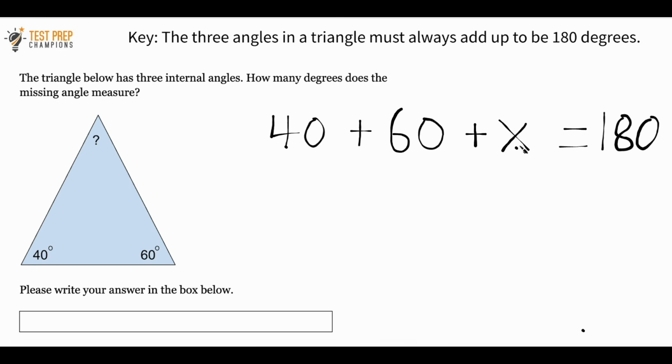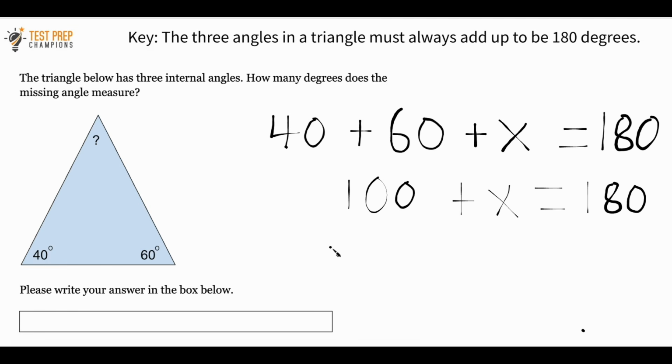Now, the idea here is that if we solve this equation for x, in other words, if we can get x by itself on one side of the equation, that's going to give us the answer here. So what is 40 plus 60? Well, 40 plus 60 is 100. So I can have 100 plus x equals 180. And again, the name of the game here is to get the x by itself.